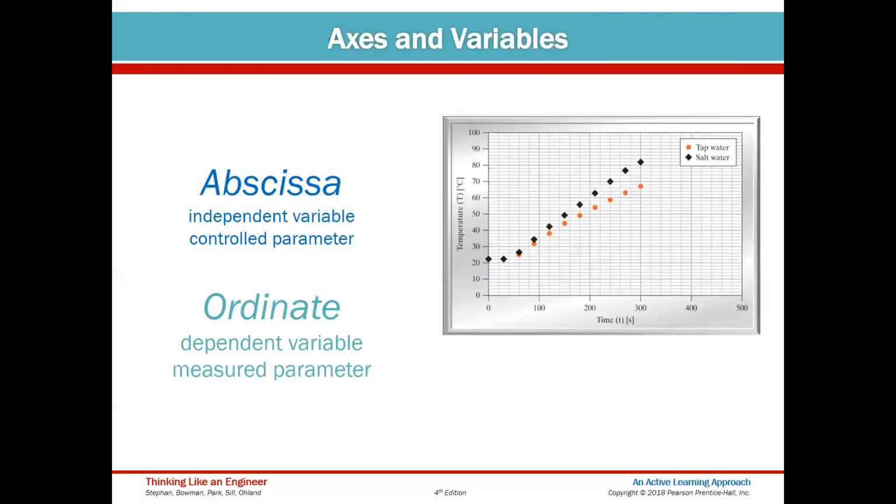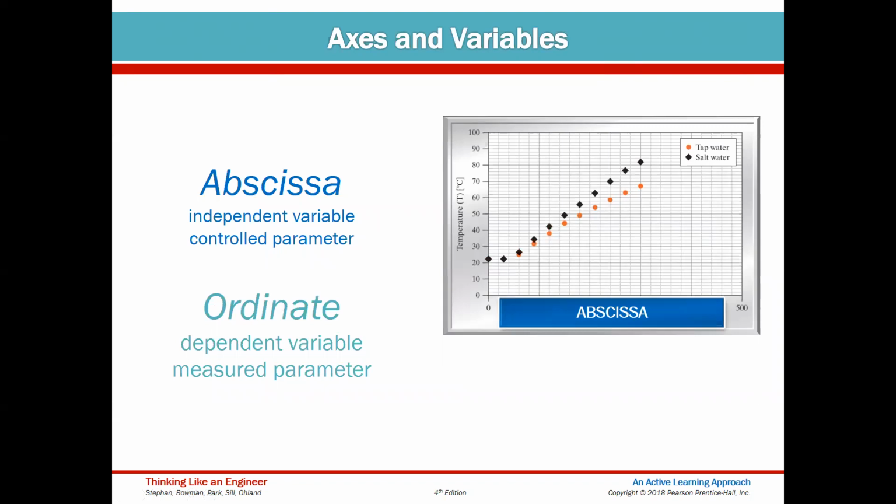And so here we have our axes. And our axes we've normally at this point referred to as our X and Y axis when graphing. But in engineering, we actually use the terms abscissa and ordinate. And so your abscissa is that x-axis, which is your independent variable or controlled parameter for your data series. So this is usually I'm measuring things at a time or a distance or a height.